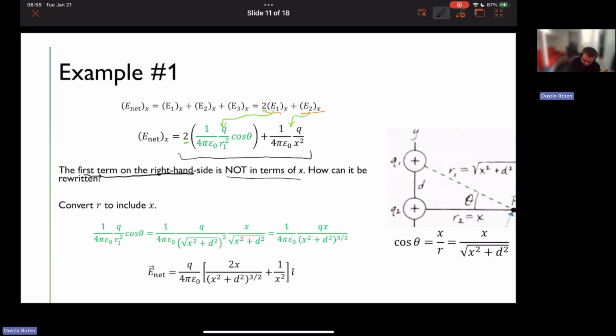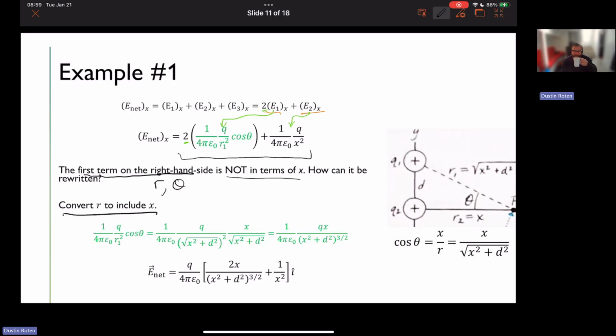It's not in terms of x. So we've got this r and this theta. That's the problem, because the second term has x squared in the denominator. How can we rewrite this first term to actually get it in terms of x? So here's what we're after. We want to convert first this r to x.